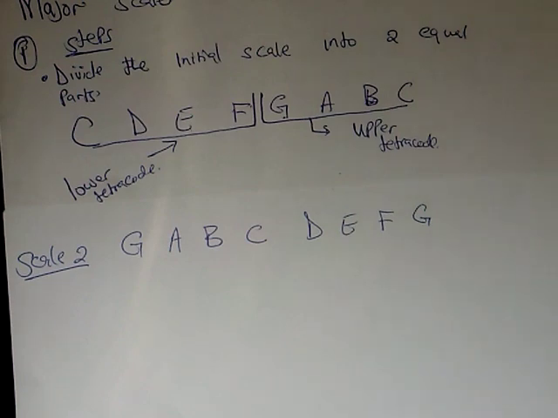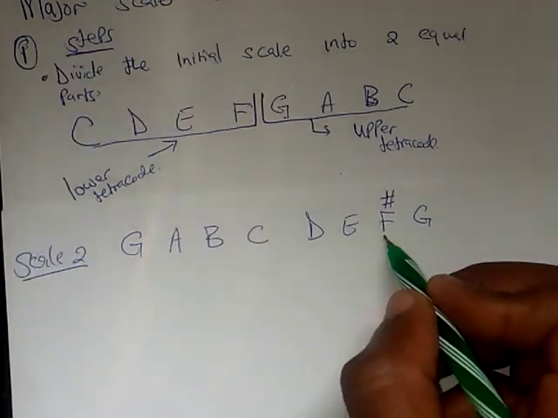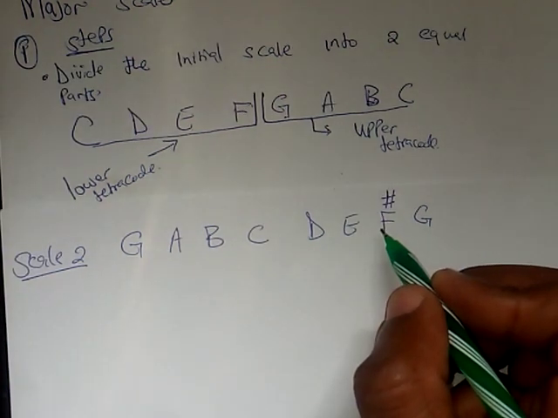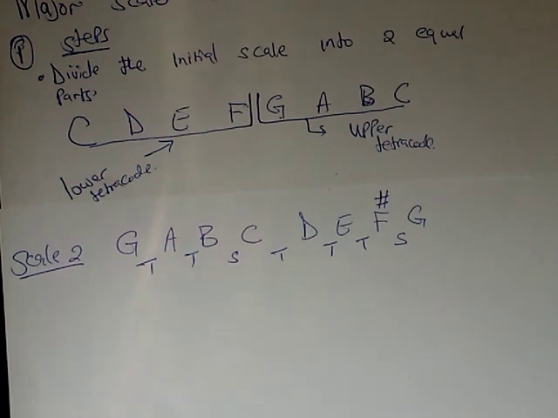So this means for scale G to be a complete major scale, I will have to sharpen F, as shown on the screen. So the pattern now is tone, tone, semitone, tone, tone, tone, semitone.